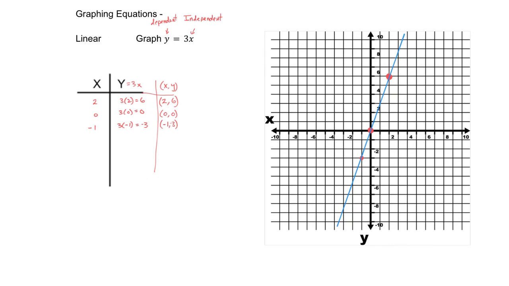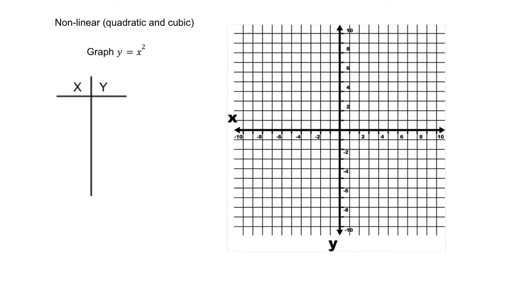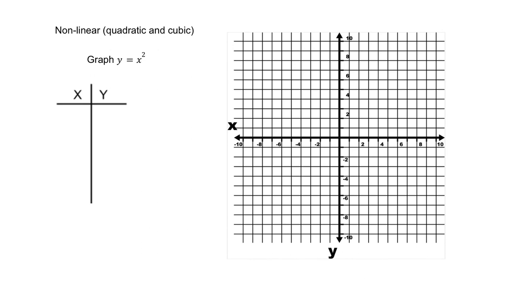And then we have finally one more, a nonlinear equation, and I have an example here of y equals x squared. And these nonlinears, you will study quadratic and cubic. This one is a quadratic. I know this is quadratic because that little 2 right there, that'll make a U-shaped curve, and those U-shaped curves are called parabolas. So quadratic equations make parabolas.